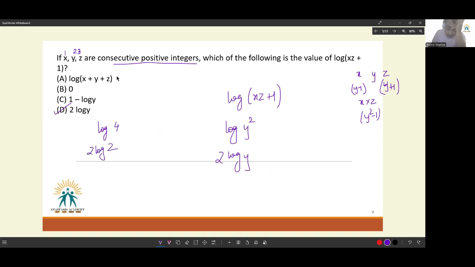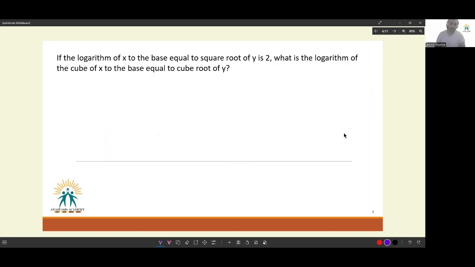Now see, this option gives me log 6. We don't need this. This is not right. 0 is of course not the value. This is 1 minus log 2. And this is 2 log 2. Among the available options, clearly D works. Fitting in values is also perfectly acceptable. Doing it technically is also perfectly acceptable.